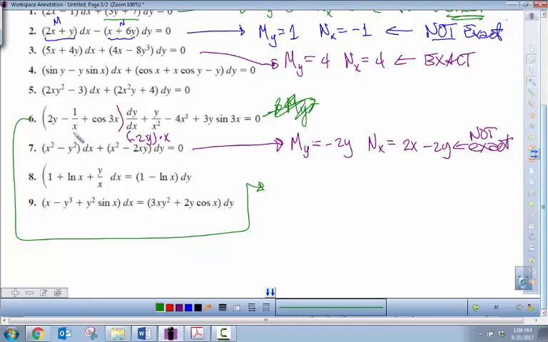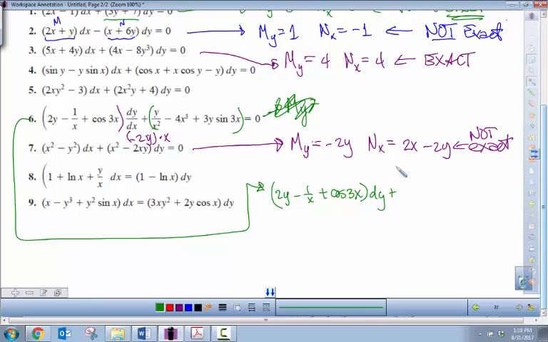All right. Okay, so it looks like I need to rewrite this so that it looks like that differential in differential form. So I think the key here is to multiply everything by dx. Yeah? So if I multiply everything by dx, I'm going to have a 2y minus 1 over x plus cosine 3x. And this is going to be the dy. So now my dy looks like it's going to come up first.